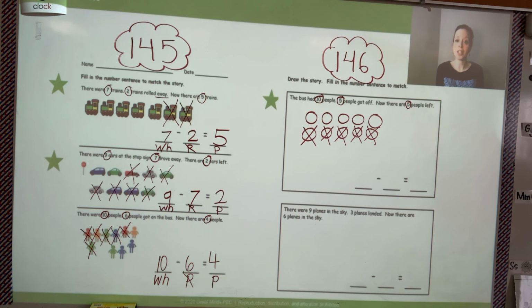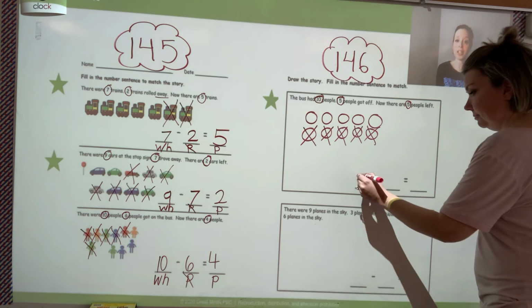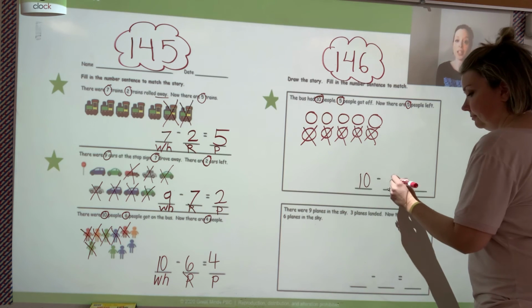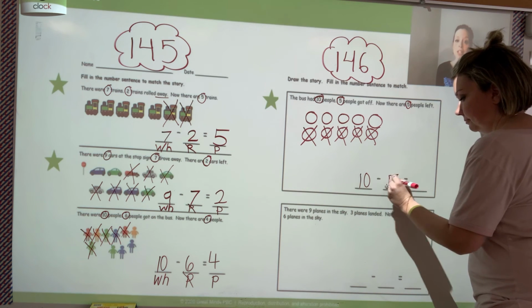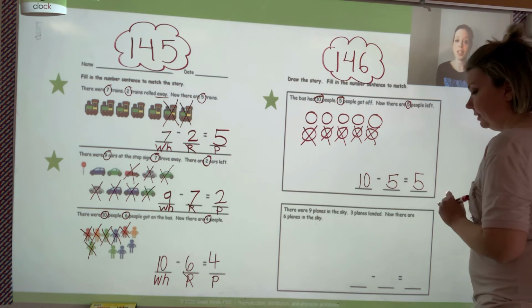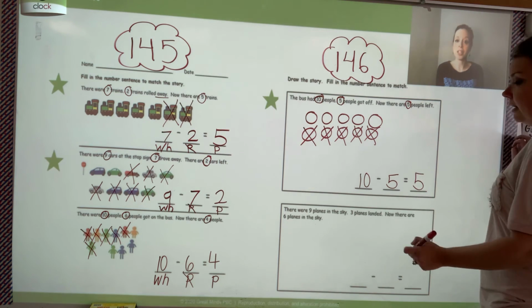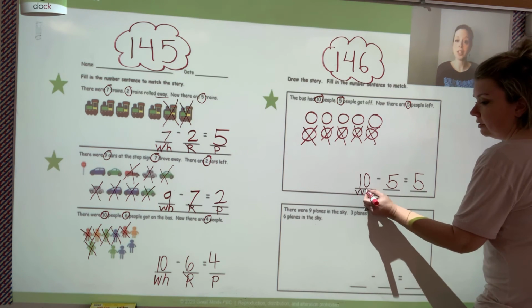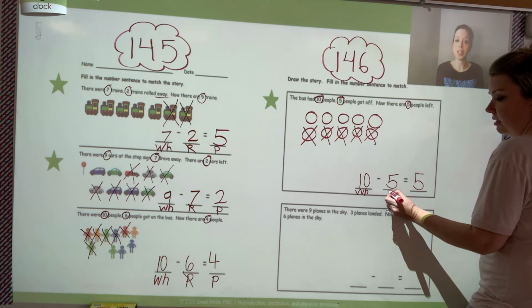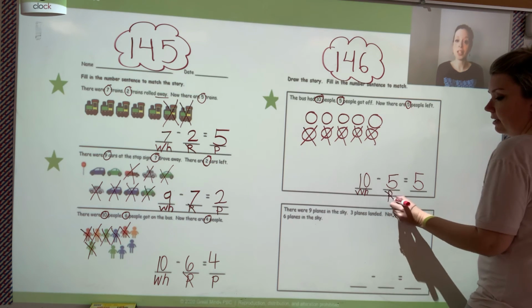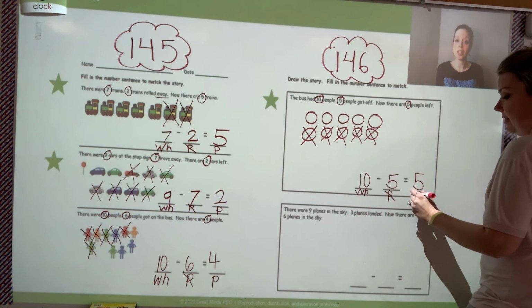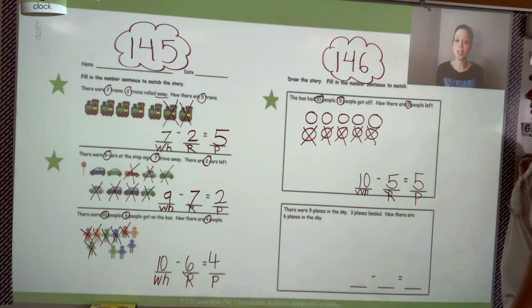Landon. 10 minus 5 equals 5. Excellent, Landon. I know my whole is 10. The part that I took away were 5, and that still left me with 5.